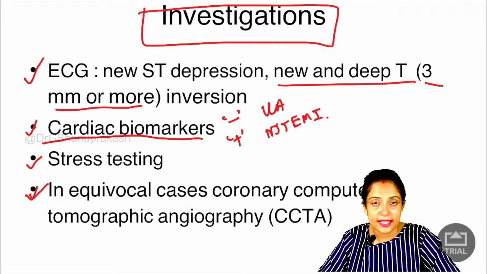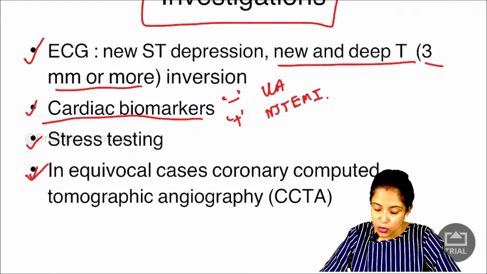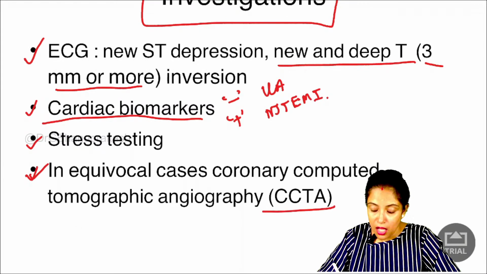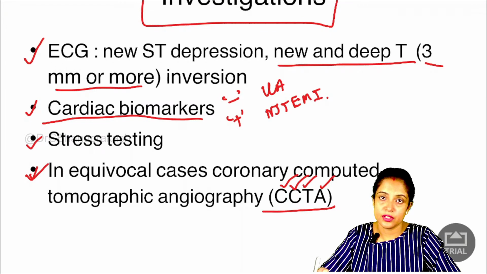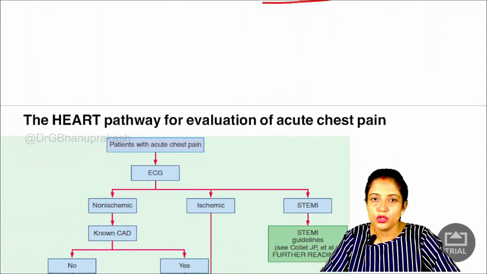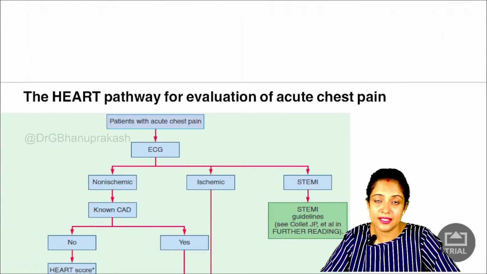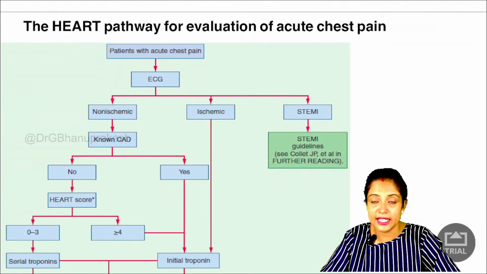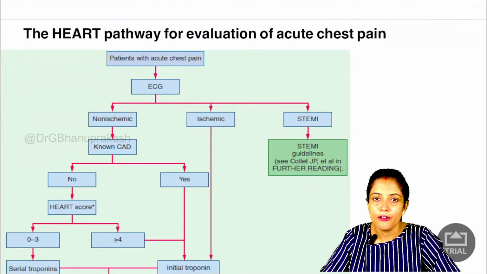In equivocal cases, meaning where the diagnosis is in doubt, we can do a coronary angiogram, or a coronary computed tomographic angiogram, that is CT angiogram of the coronary, to confirm our diagnosis. But most of the time, from the clinical presentation, ECG and cardiac biomarkers, we can really diagnose a patient of unstable angina or NSTEMI.